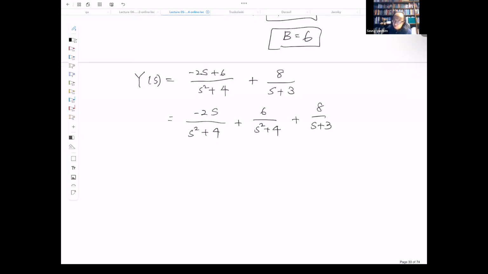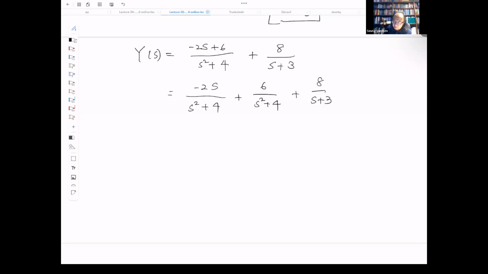We have negative 2s over s squared plus 4, plus 6 over s squared plus 4, plus 8 over s plus 3. So we have s up there. Rewrite as negative 2 times s over s squared plus 2 squared. Then I'm going to write down 6 in front, and then we have s squared plus 2 squared. We have to have a 2 for sine, and since we put 2 there, we need to multiply by 1 over 2, plus 8 over s plus 3.